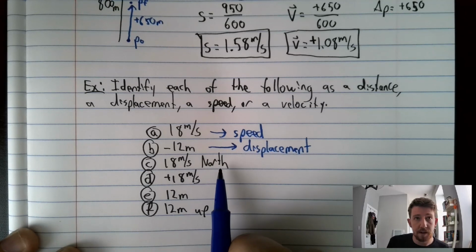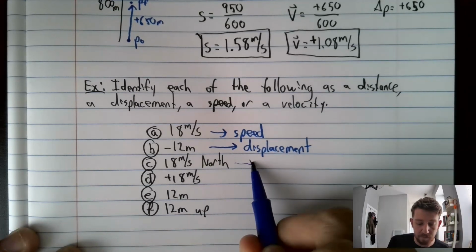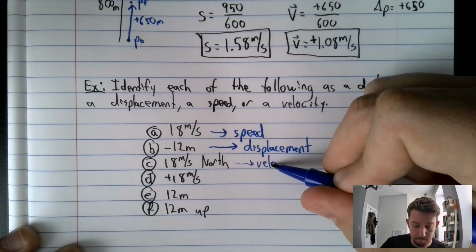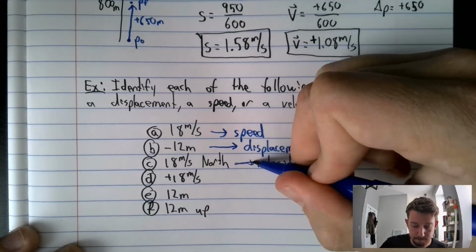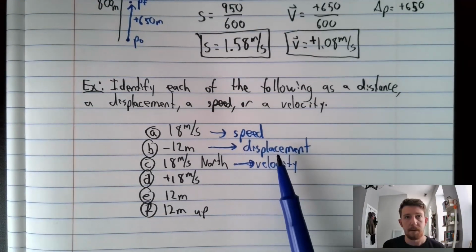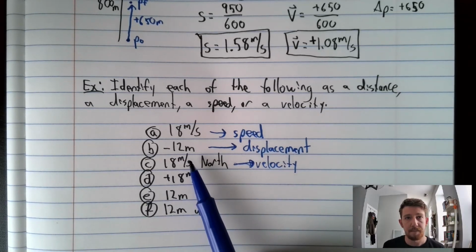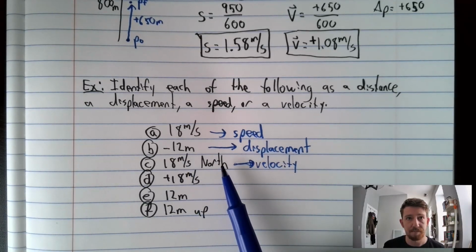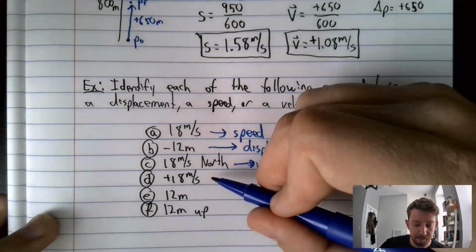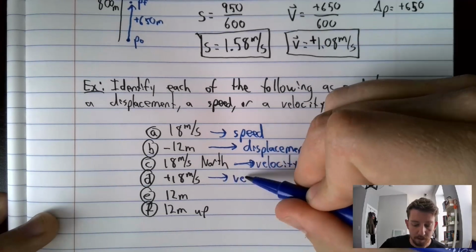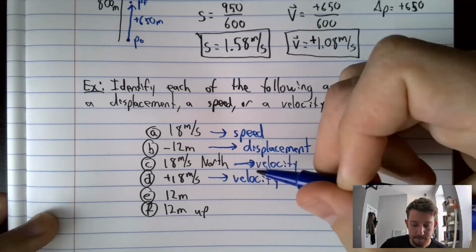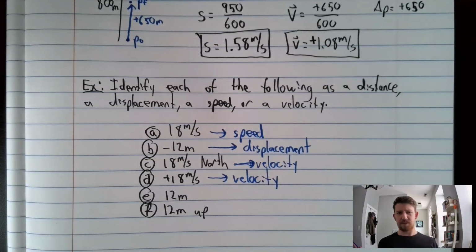But either way, negative is direction when it comes to something in meters. 18 meters per second north, well, that's velocity. Because it's in meters per second and it has a direction. Same thing with D. Velocity. Now once again, the plus sign is weird for us because most of us have just taken algebra. The plus means up or east or right or north.